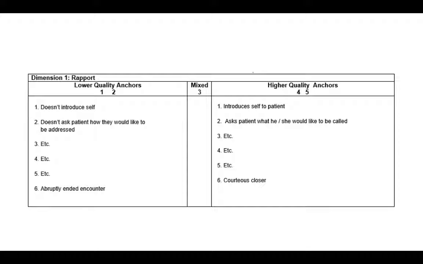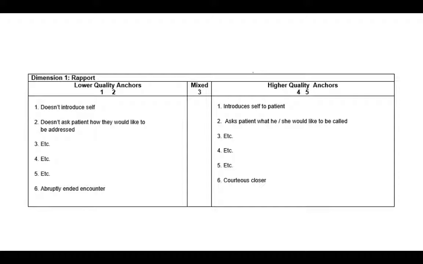Under the lower quality anchors, we're talking about behavioral anchors. How will people know what lower quality rapport is? You have to spell it out. So you'd list at least 6 specific behaviors under lower quality dimension 1 that would help the rater to understand when the behaviors either occurred or didn't.